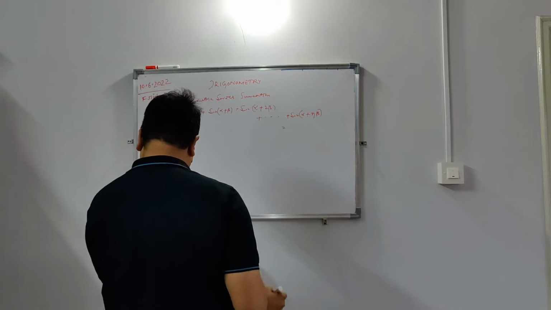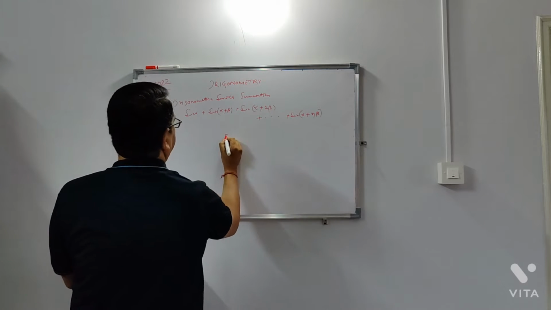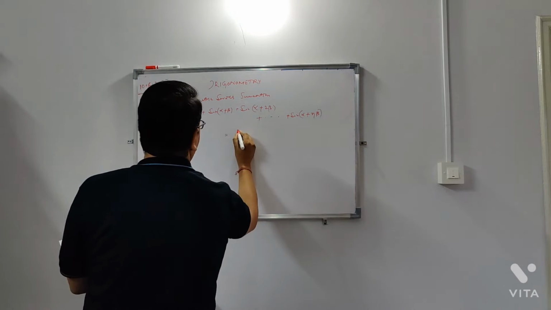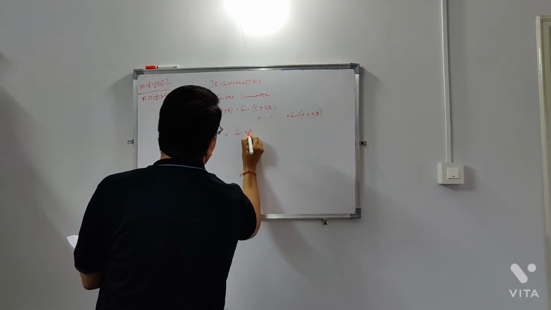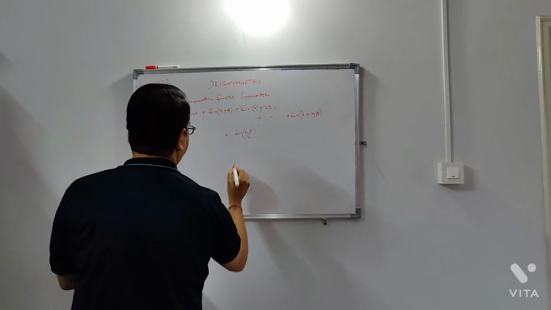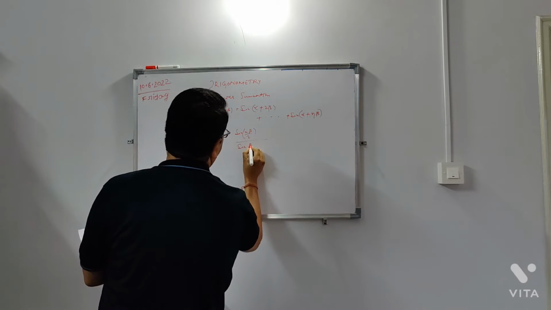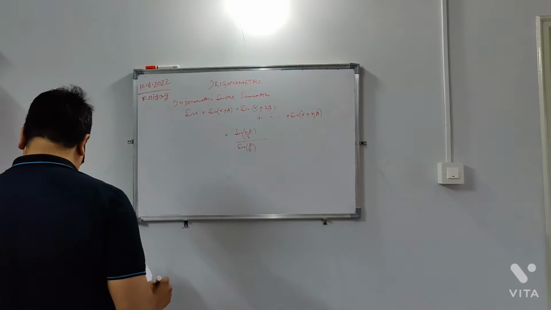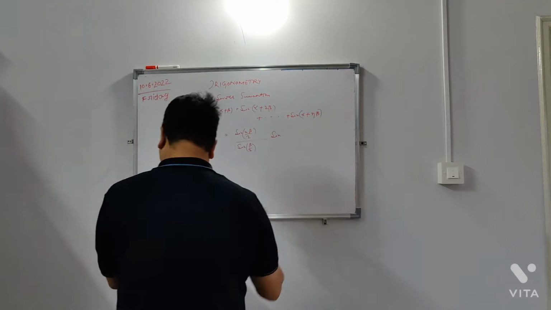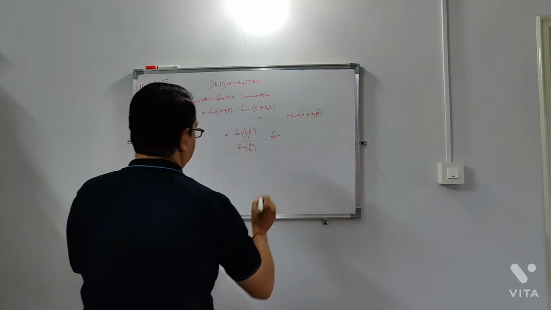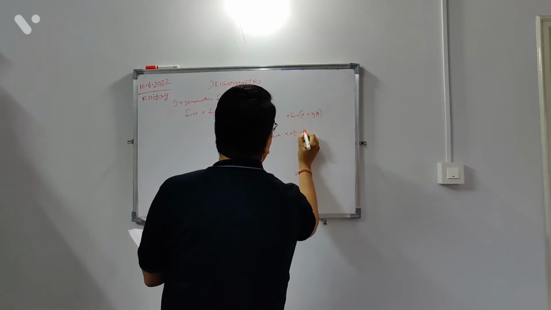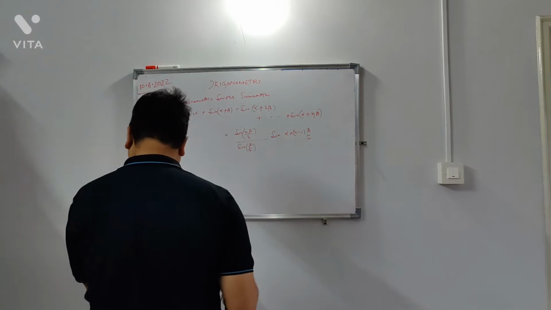If it goes on like this, the right hand side will be sin n beta by 2 divided by sin beta by 2 into sin alpha plus n minus 1 into beta by 2.